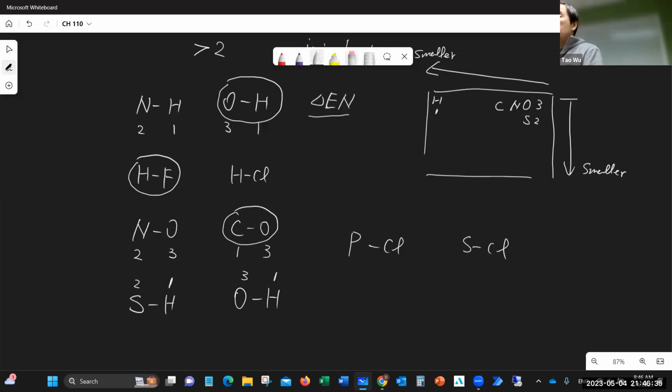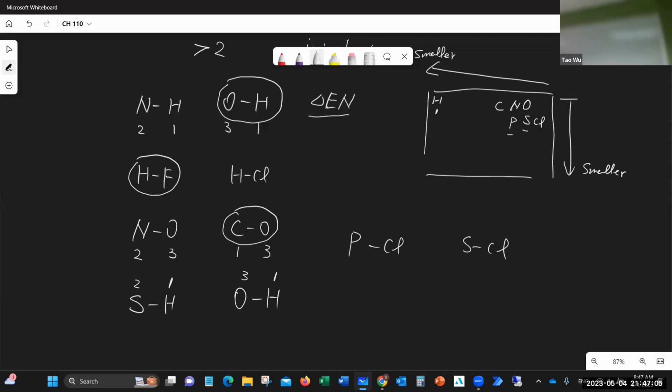Okay, again, this is the same thing. Where is the phosphorus? Phosphorus is over here. Between phosphorus and chlorine, chlorine is right over here. So between phosphorus, sulfur, and chlorine, chlorine has the biggest number. Phosphorus has the smallest because you look at the trends. The trends we talk about, this area is biggest.